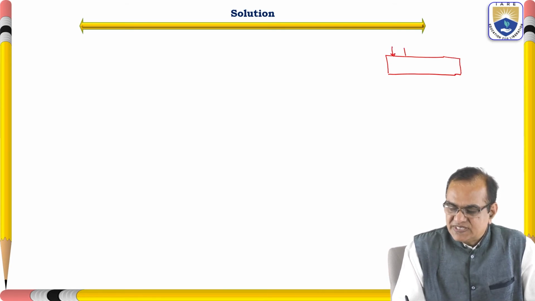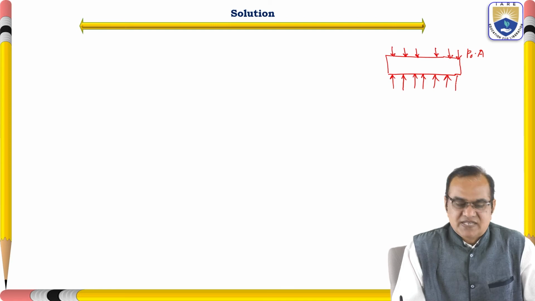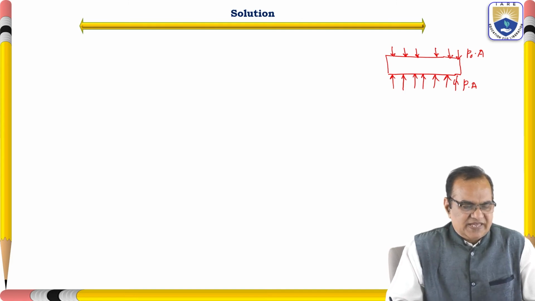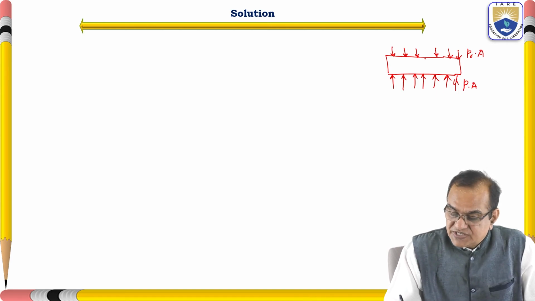Here this is the atmospheric pressure, and we are representing it by P naught into area A of the piston, and from this side the equilibrium pressure will act, and we are writing it as P A or P equilibrium A. So here a spring is there. So spring is Kx, and the mass of the piston will also act as MP into G.